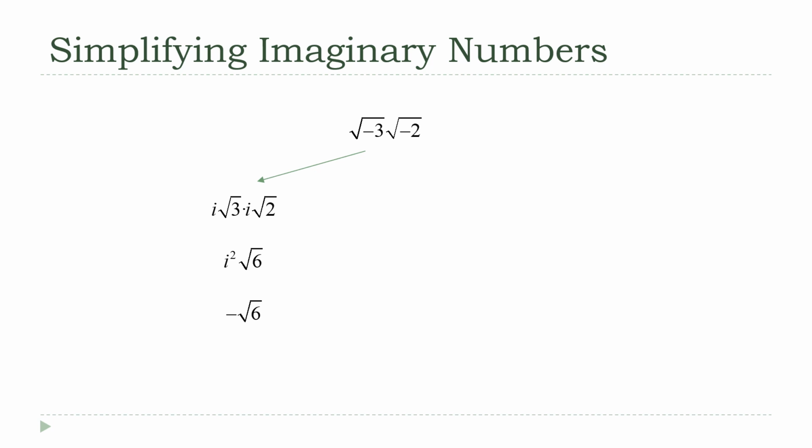There's another way. I could just combine the 2 square roots together: square root of -3 times -2, which is the square root of 6. A very different answer. Only one of these can be right. We can't have an expression simplify to obviously very different numbers. The way on the left is the correct approach.